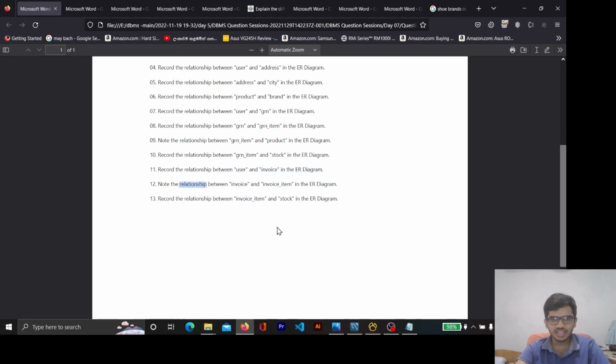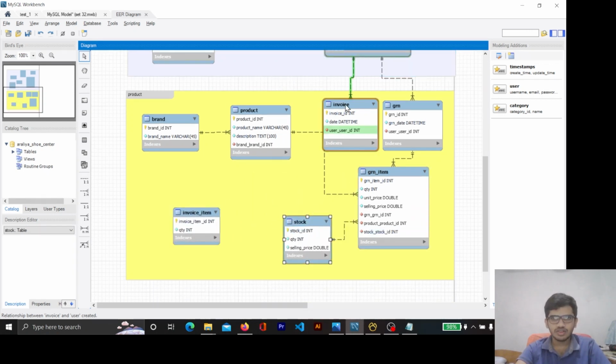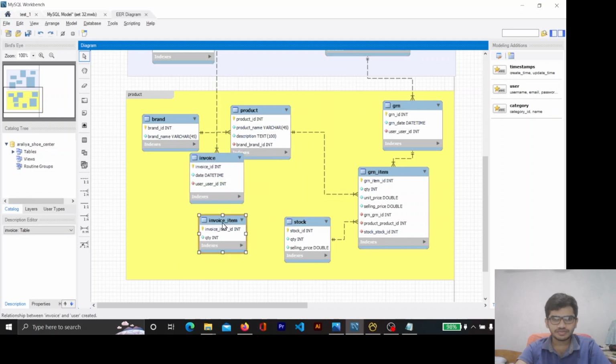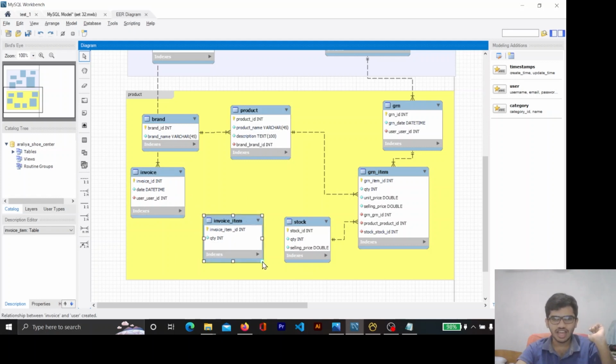The 12th question suggests that we have to find the relationship between invoice and invoice item. This is the same as between GRN and GRN item. One invoice can have up to many invoice items as per the situation, and one invoice item only belongs to one invoice.